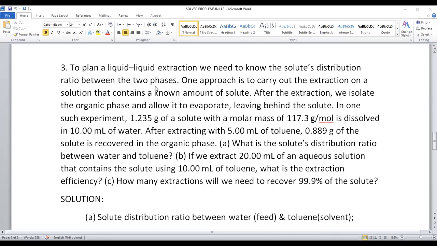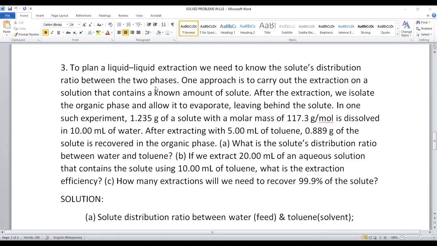One approach to this is to carry out the extraction on a solution that contains a known amount of solute. So you have a solution having a known amount of solute. After the extraction, we isolate the organic phase, the solvent, and allow it to evaporate. Of course, it will leave behind the solute that it took out from the feed.